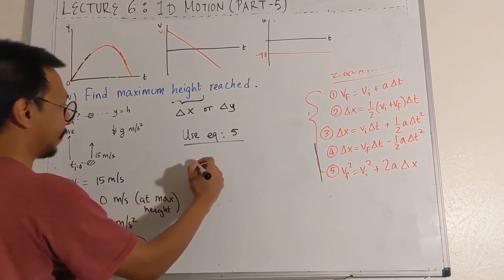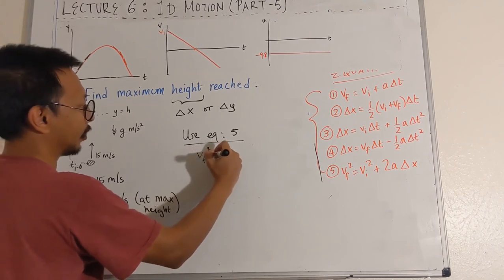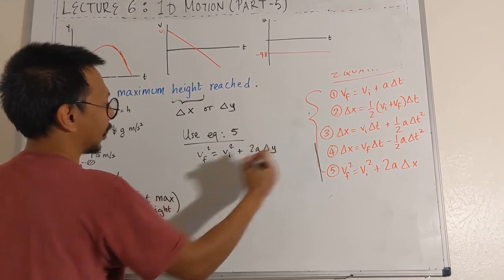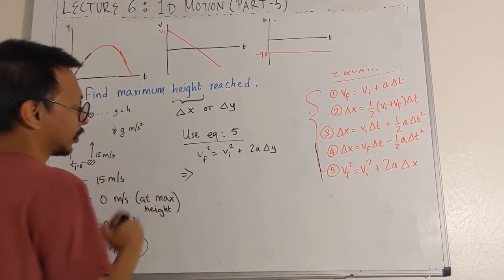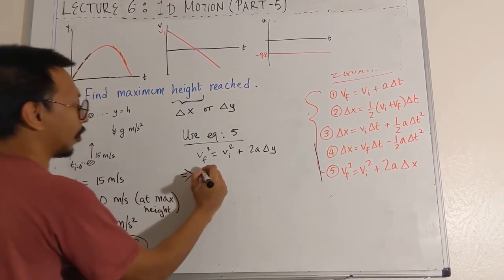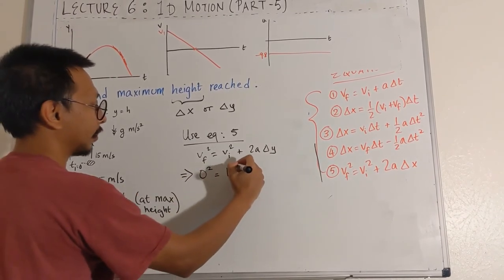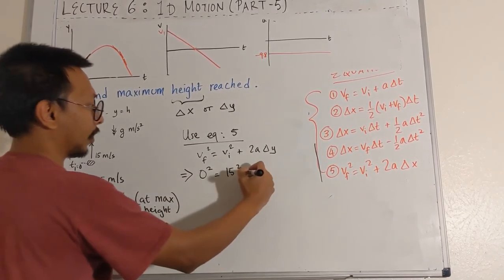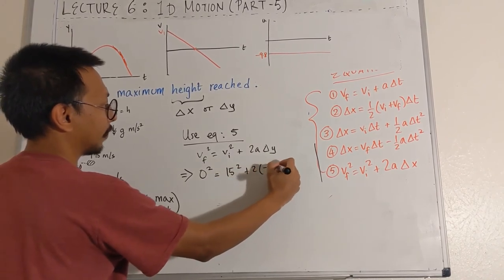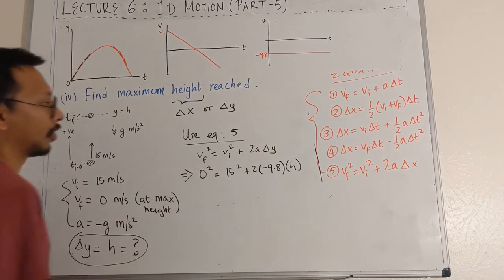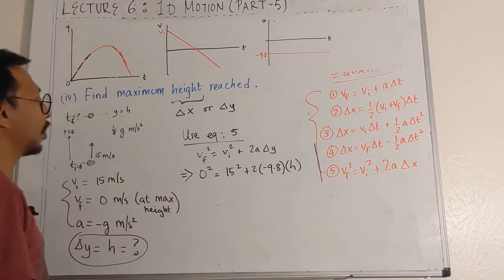So Vf squared is equal to Vi squared plus 2a delta y in this case. So Vf is 0 at maximum height. Vi is 15 squared plus 2 times negative g, which is 9.8, times, we call it h, and h is positive. Why?